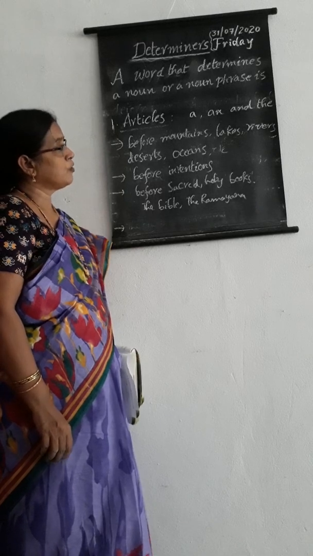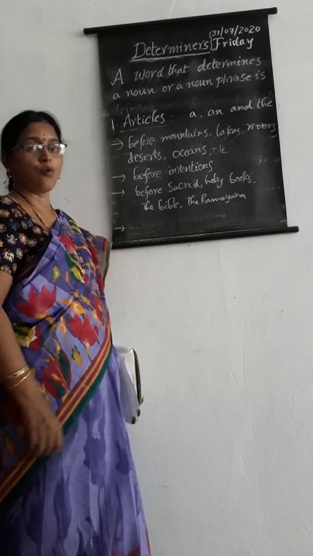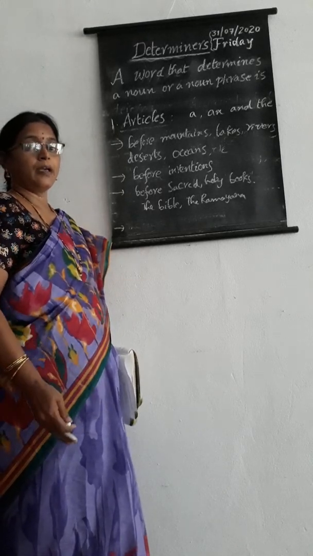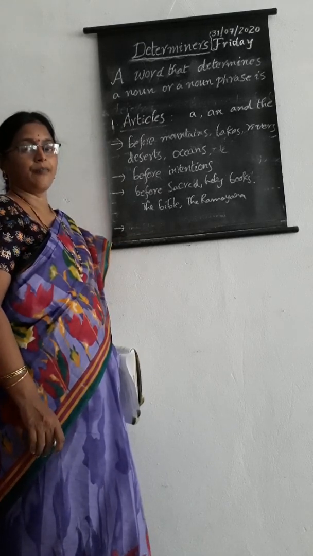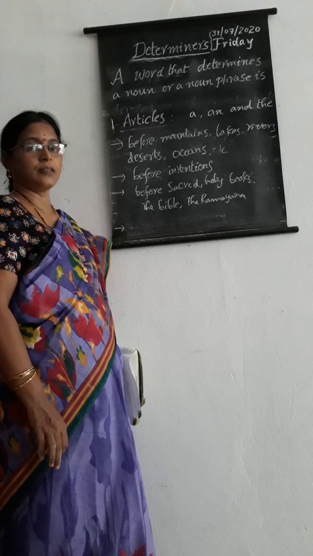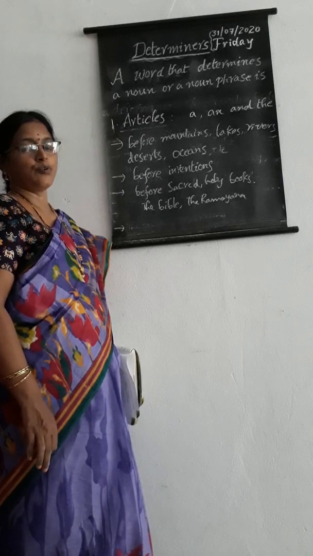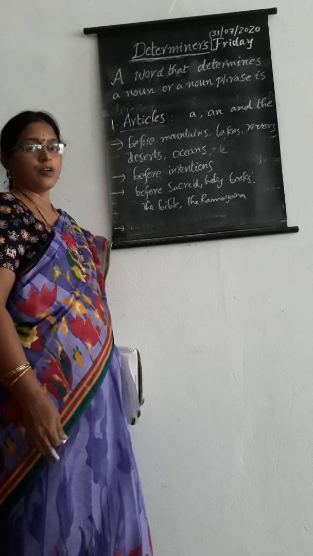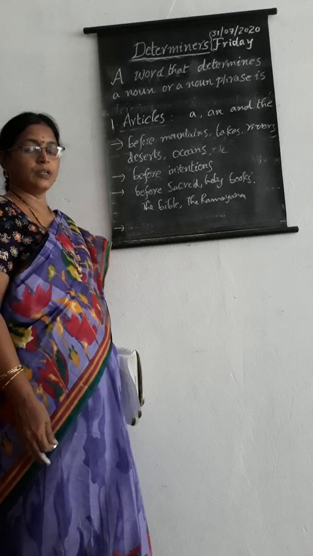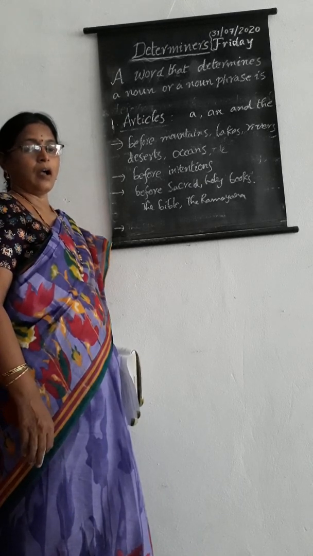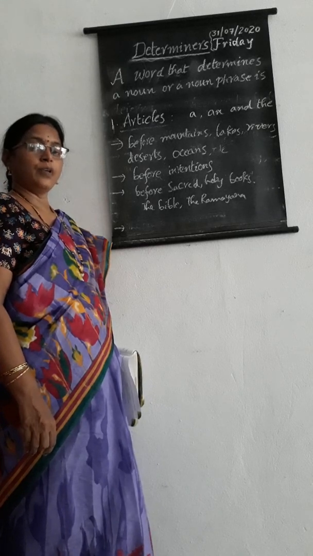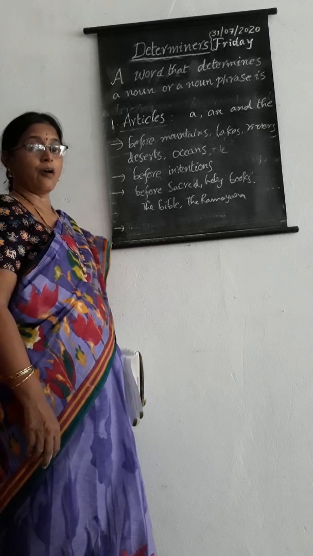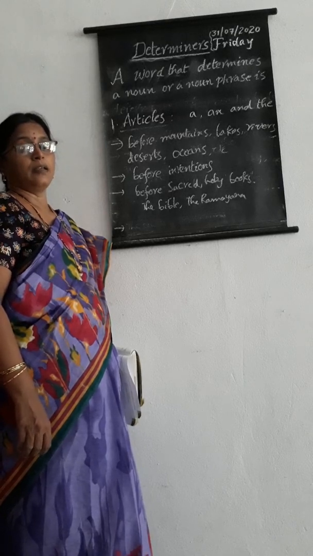Students, you remember these things, how to use a, an and the. A and an are called indefinite articles, the is called the definite article. How to use a? Before consonants we use the indefinite article a. A word beginning with a vowel but giving a y sound, we have to use a.